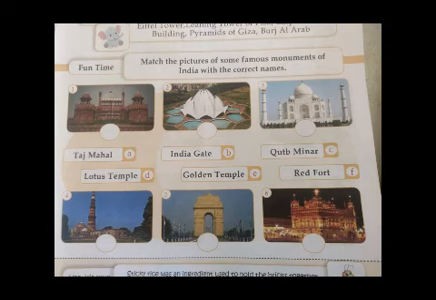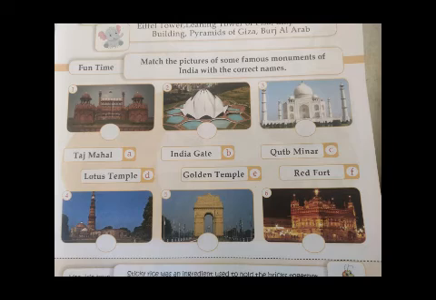Now see the second image. In the second image you can see this monument. It is constructed in the form of a lotus, so it is called the Lotus Temple. The Lotus Temple is located in Delhi in India. It is a Baha'i house of worship that was dedicated in December 1986.